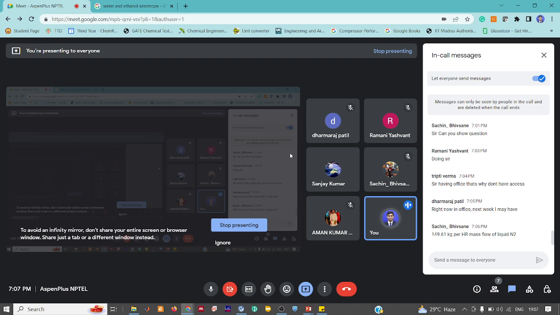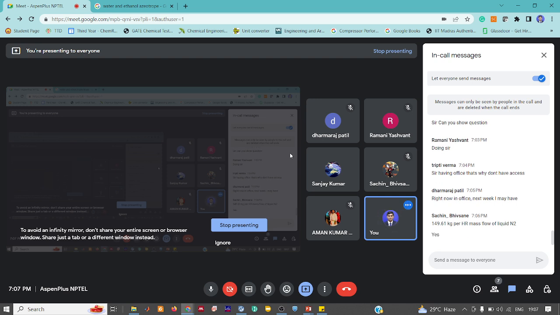So, Sachin, you have a value of about 150 kg per hour of nitrogen as liquid. Okay, so the input is 3600 kg per hour, is it? What about you, Sanjay? What is your status?